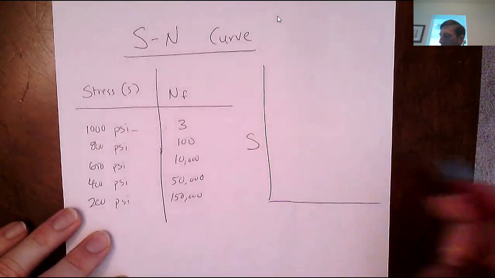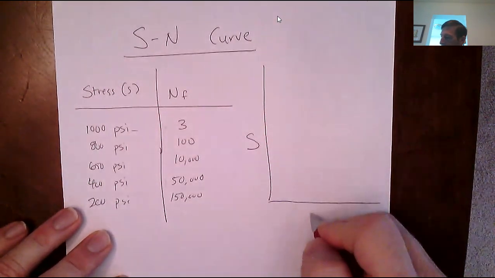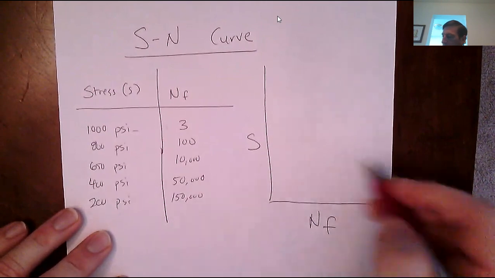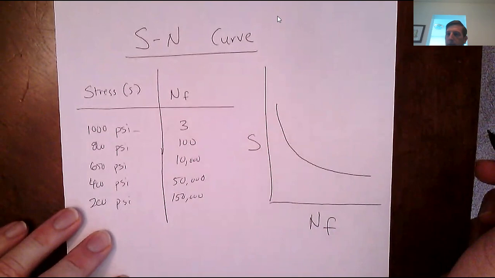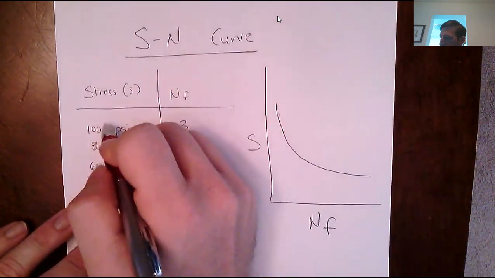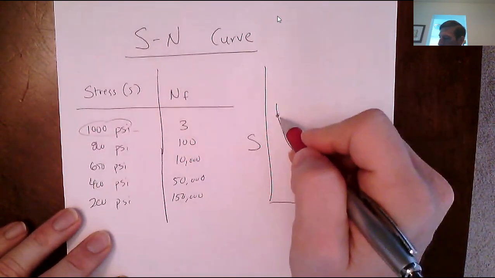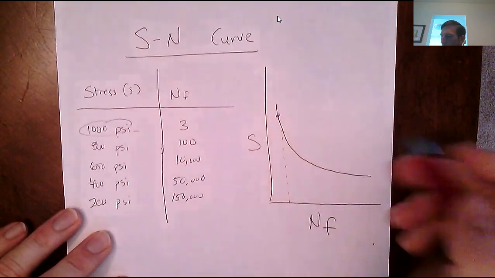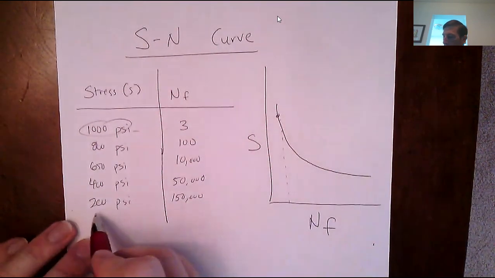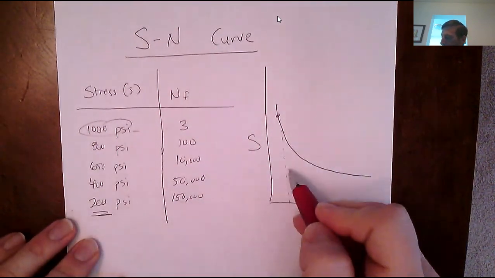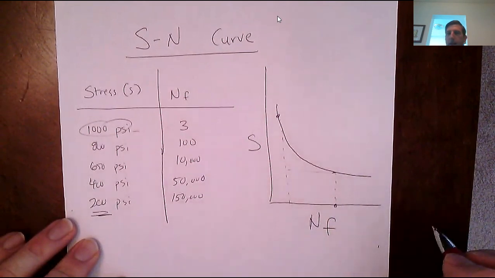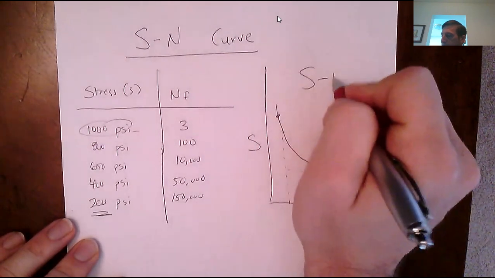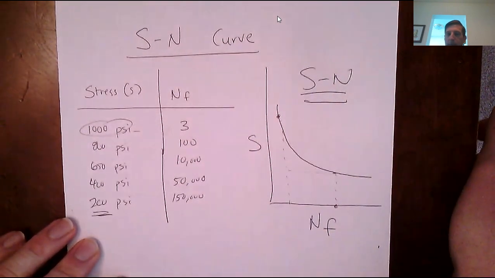I'm going to have stress on this axis and cycles to failure on this one. It would look something like this, right? At the really high stresses, which is up here, that had a relatively low number of cycles. As I reduce the stress, which is down here, you can see the part lasted a lot longer. So they call this the SN curve.